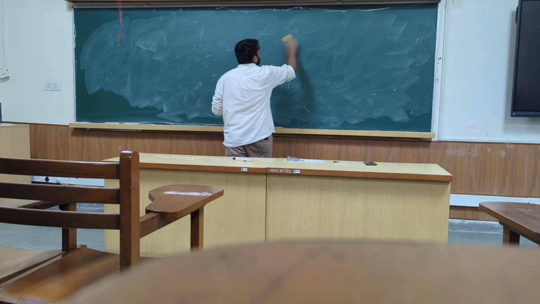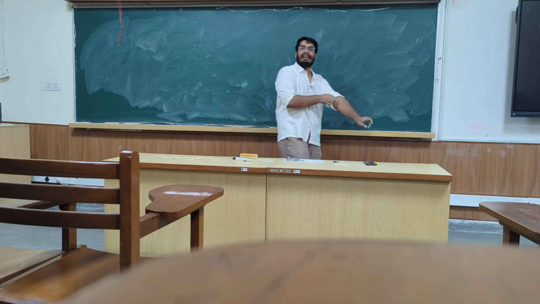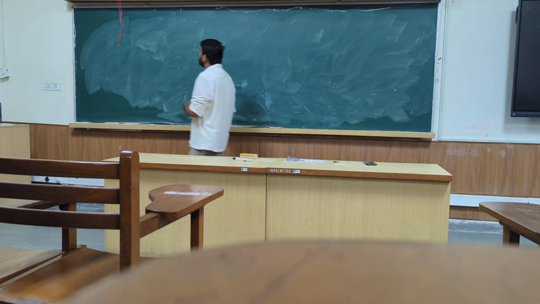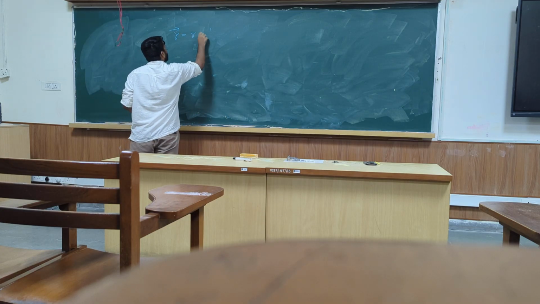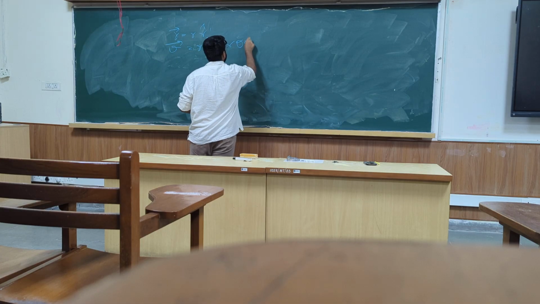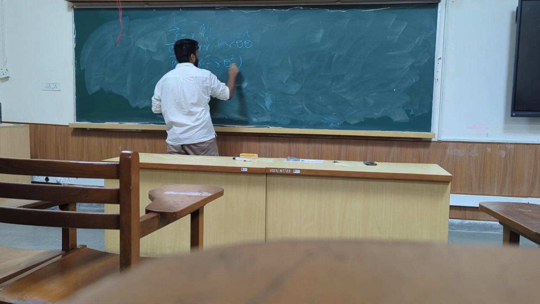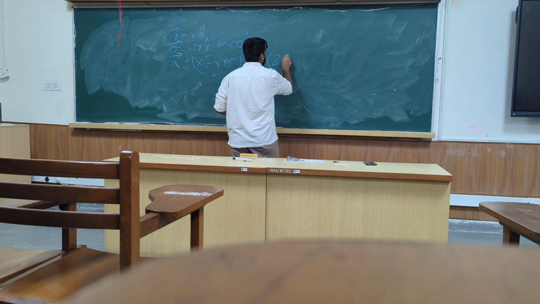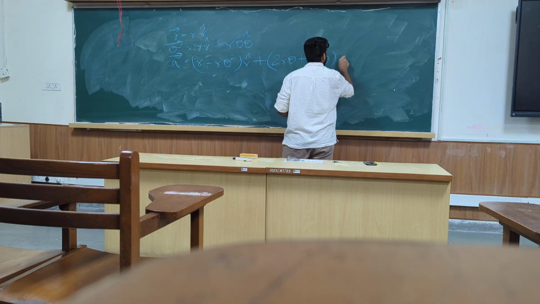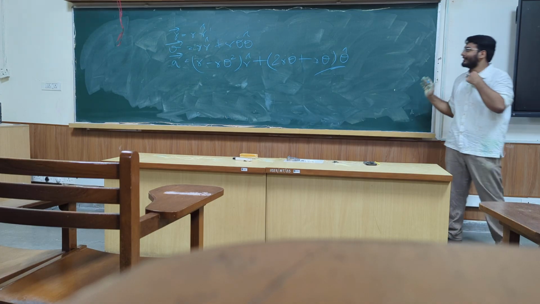This is exactly why, if you remember the plane polar coordinates class, I said that if you have understood nothing until now, it is completely fine, but there's a box that you need to remember. I'm missing a term here. This box was very important.